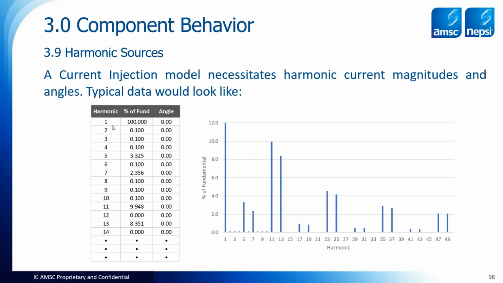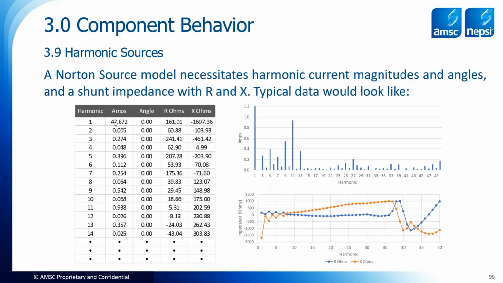So you may find yourself creating a table with a lot more detail than jumping from 1 to 2 to 3 to 4. You may have to fill in the holes. Arc furnaces in particular are fully loaded all the way to the 11th or 13th harmonic in steps of 0.1. There's a lot of non-integer content in an arc furnace.